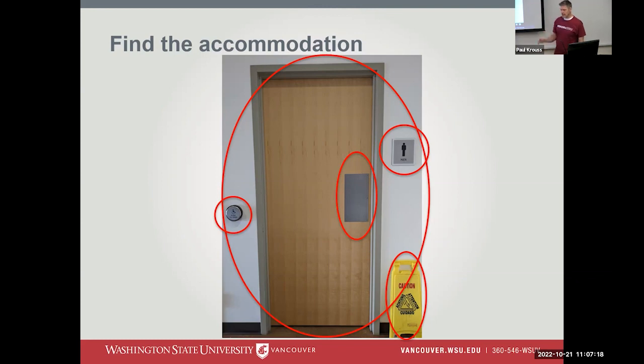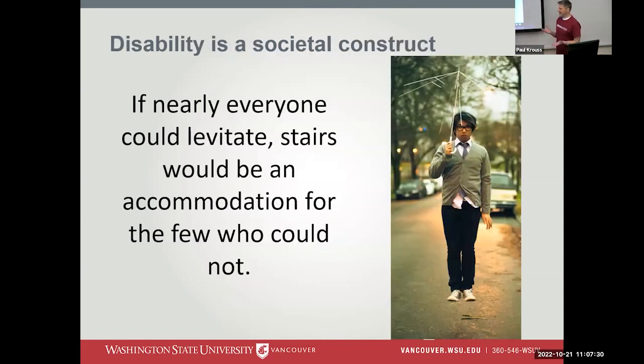So there's actually a lot of accommodations here, and universal design for learning is not all about just the accommodations when you get the letter from the Access Center. In fact, one of the professors, Dana Lee Baker, who used to be at WSU Vancouver, said this to me, and it made me really think: disability is a social construct, right?